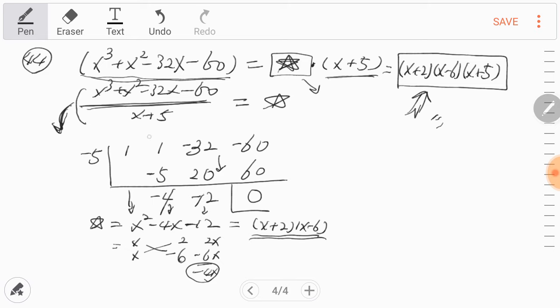The result of this division is the expression for the star, and this trinomial is factorable, so we substitute this expression for the star here, and we have this result.